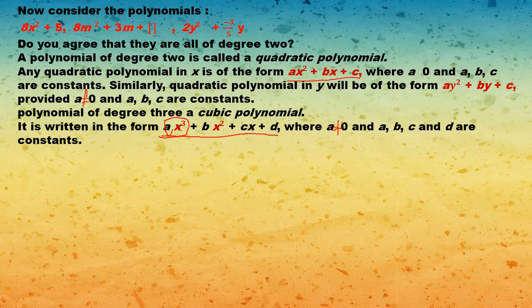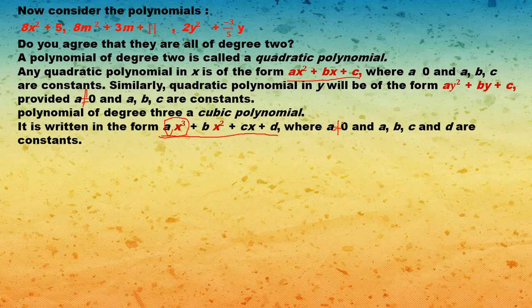So for a cubic polynomial, the numerical value with the x cube term is not equal to 0, and for a quadratic polynomial x square has some value other than 0.